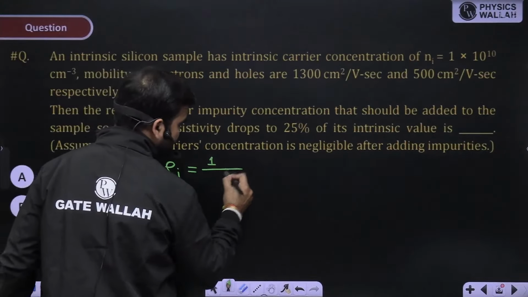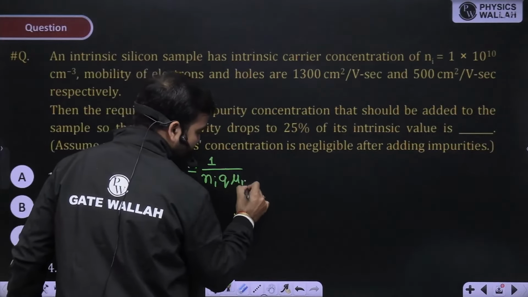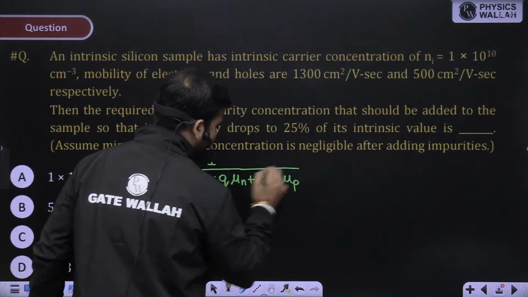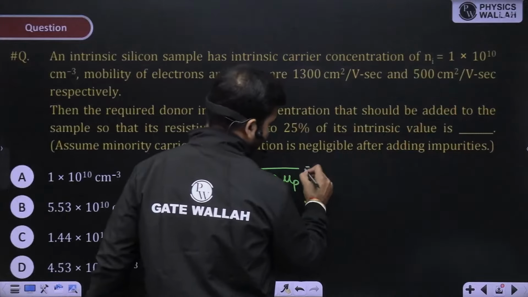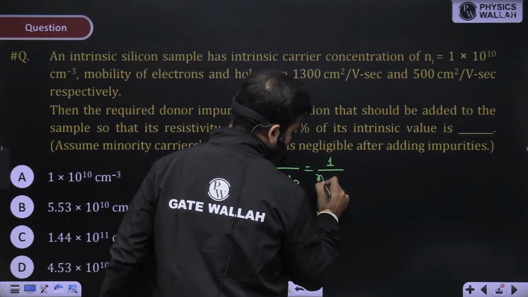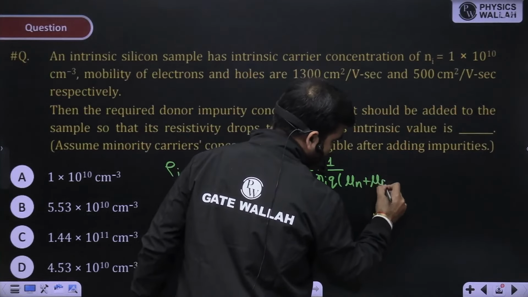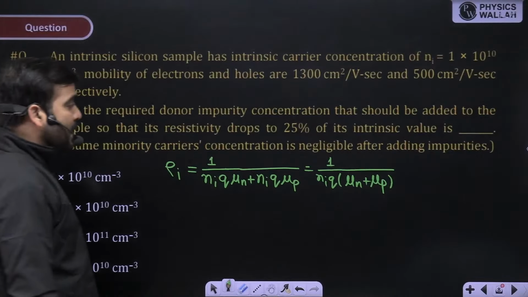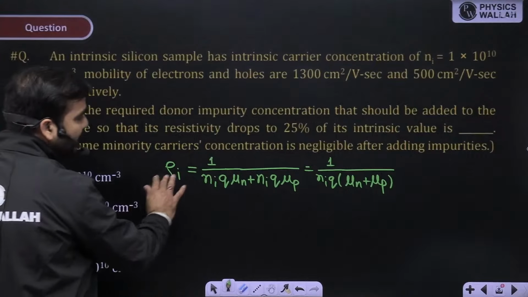What is the conductivity of an intrinsic semiconductor? NiQμN plus NiQμP. You can write nothing but NQμN plus PQμP, where N and P are Ni. Now let's take Ni Q common. Then in the bracket you have μN plus μP. So 1 upon NiQ(μN plus μP). So this is your intrinsic resistivity.